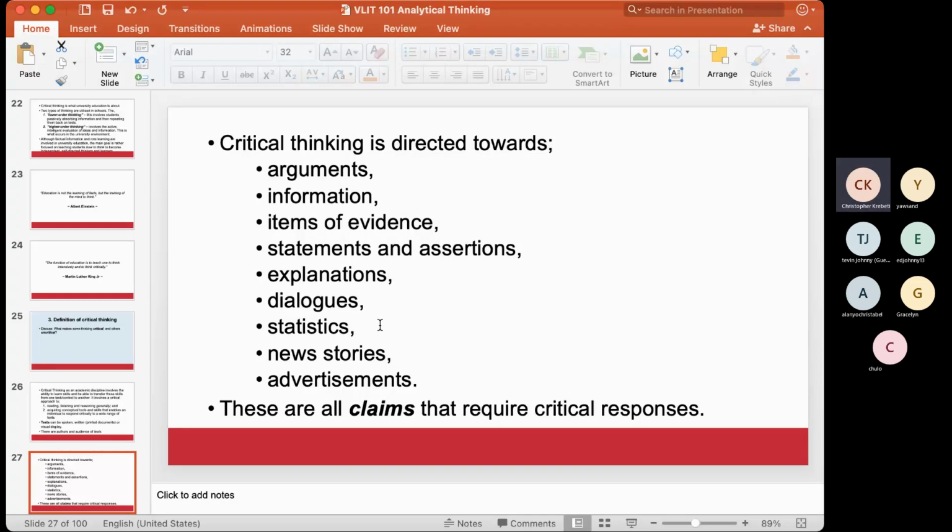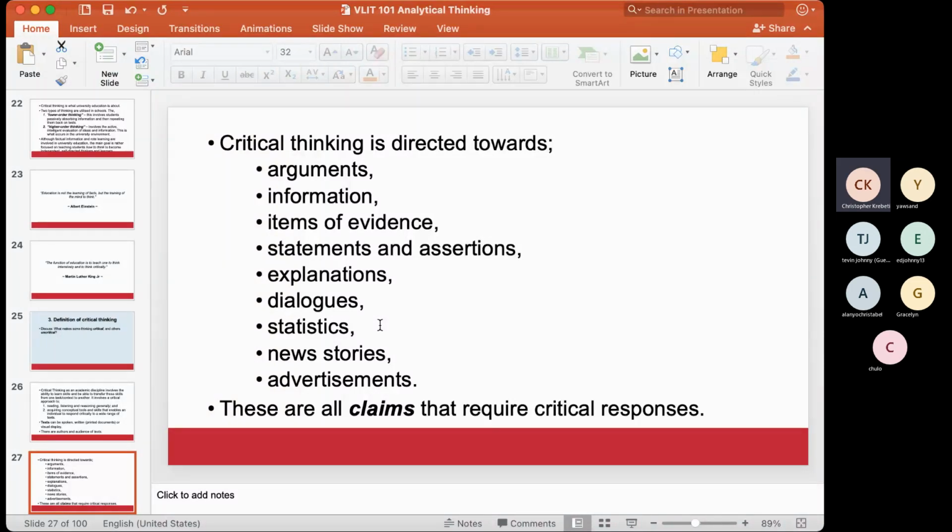So you need to direct your critical thinking towards them effectively to examine if claims that are being made are actually right statements. And claims are made in arguments, information, terms, items of evidence, statements and assertions, explanations, dialogue, statistics, news stories, advertisements, political campaigns, etc. They need to be looked at critically.